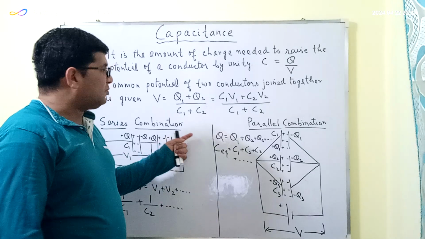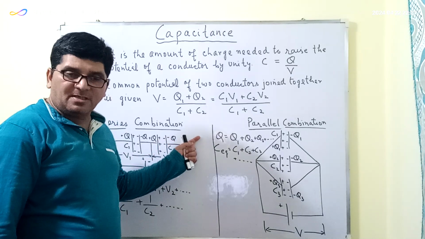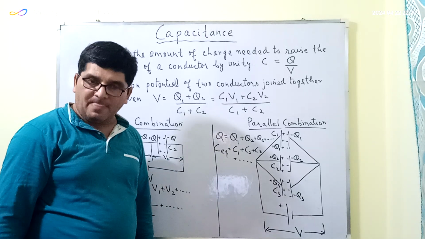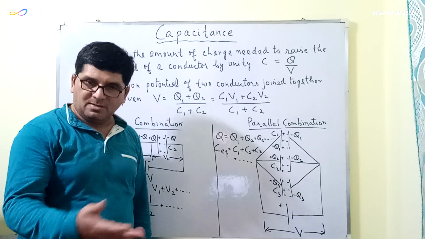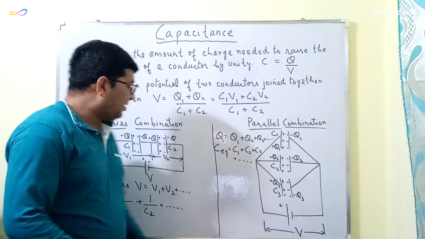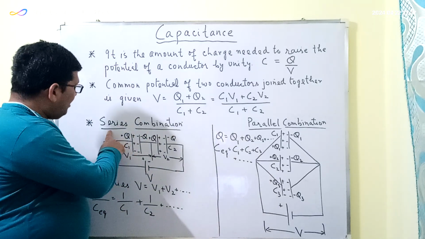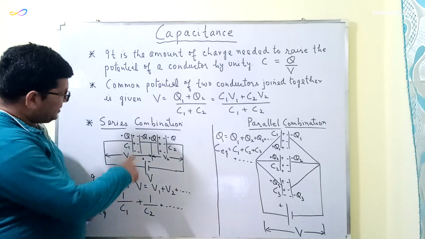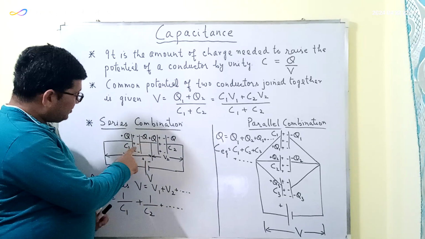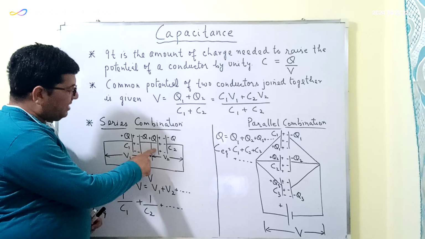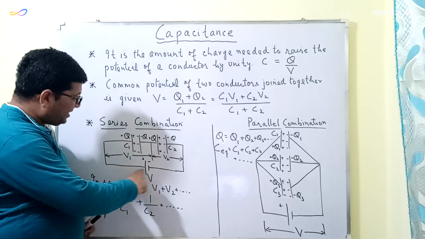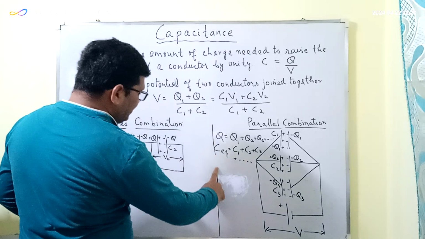These are the two major combinations of capacitors which are used in our day-to-day life. Now this is the series combination, with capacitor C1 and capacitor C2. I am just drawing this figure here again.